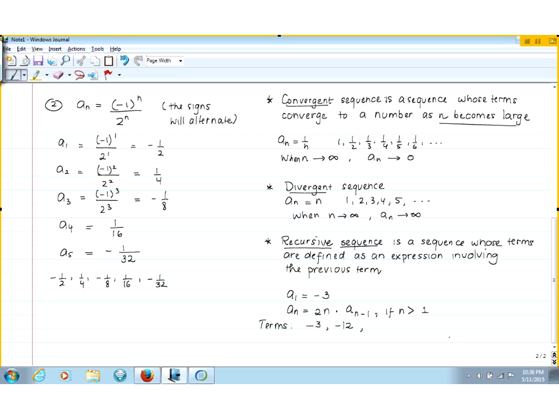So this is n equals 1, n equals 2, n equals 3, n equals 4, n equals 5, etc. Now the next one is 2 times 3, so 6 times the previous term. So 6 times -12 is -72.